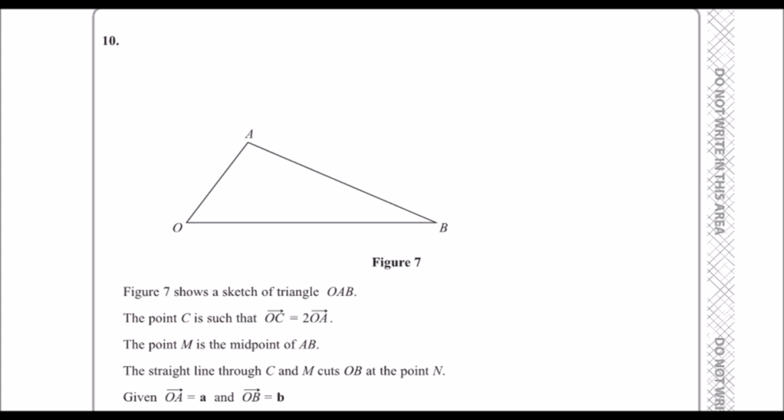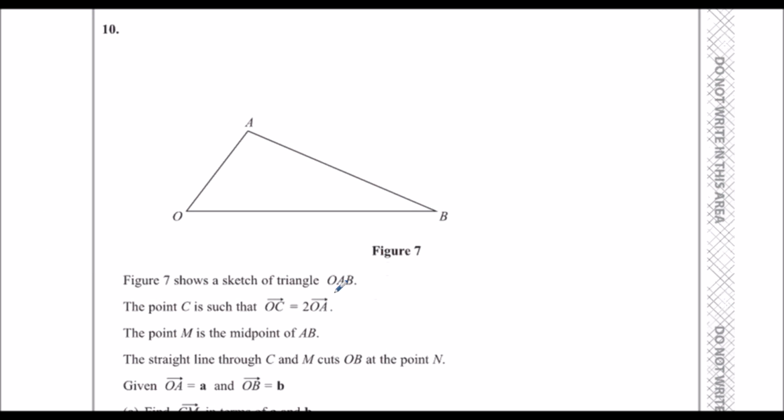Question 10. So figure 7 shows a sketch of triangle OAB. The point C is such that O to C is equal to 2 O to A. So that's why we've got space up here. So O to C is 2 lots of O to A. So C is up here.